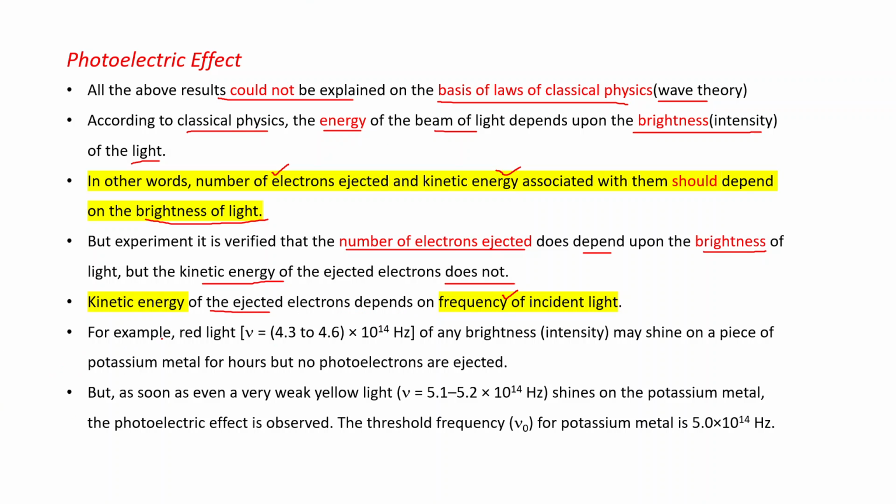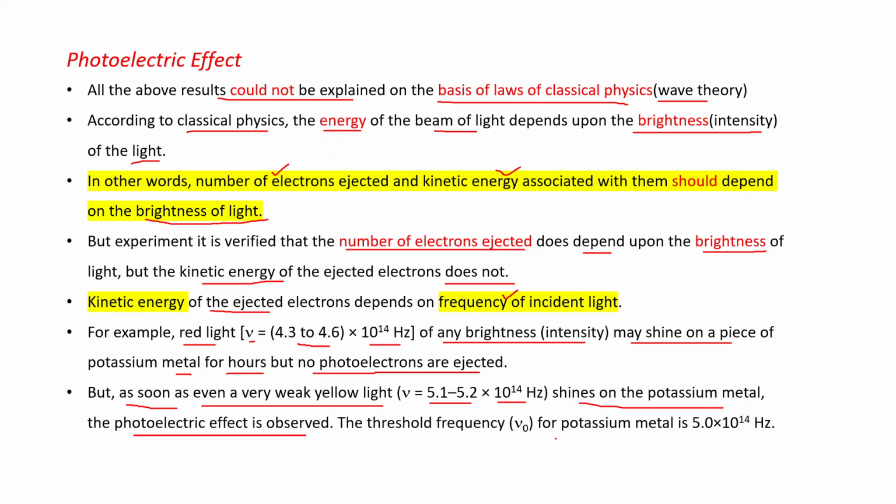For example, red light with a frequency of 4.3 to 4.6 × 10^14 Hz of any brightness or intensity may shine on a piece of potassium metal for hours, but no photoelectrons are ejected. But as soon as even a very weak yellow light having frequency 5.1 to 5.2 × 10^14 Hz shines on the potassium metal, the photoelectric effect is observed.